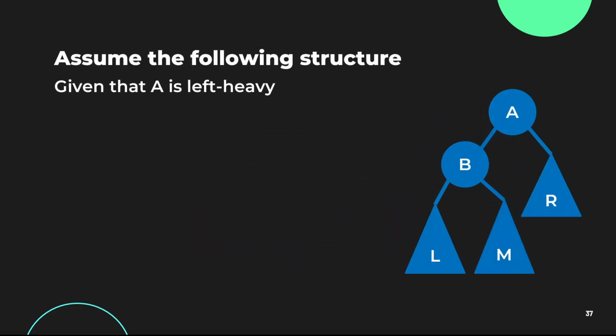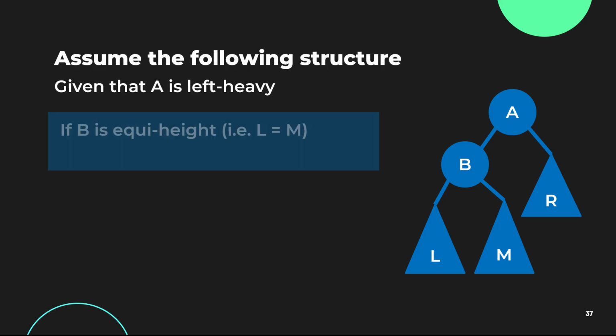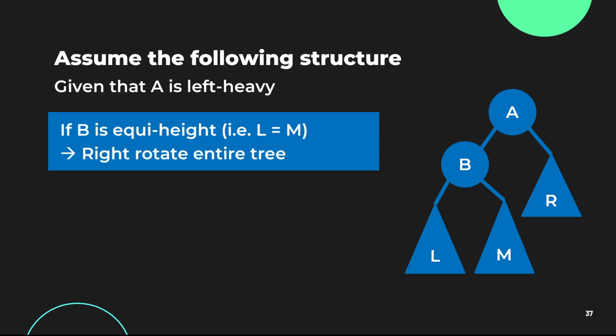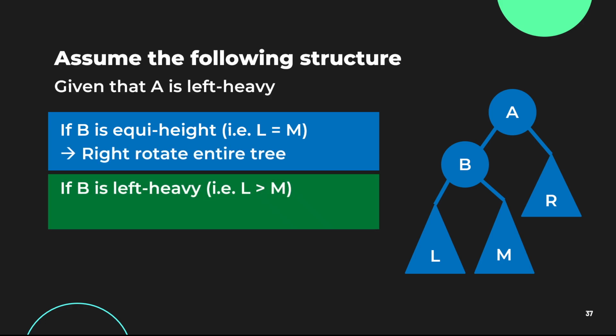So just a quick recap on AVL trees. Given that I have a left heavy tree A with the following structure, if B has subtrees of equal height, what do I do? I will right rotate the entire tree. Now what if B is left heavy? Rotate once. I'll just right rotate everything again.